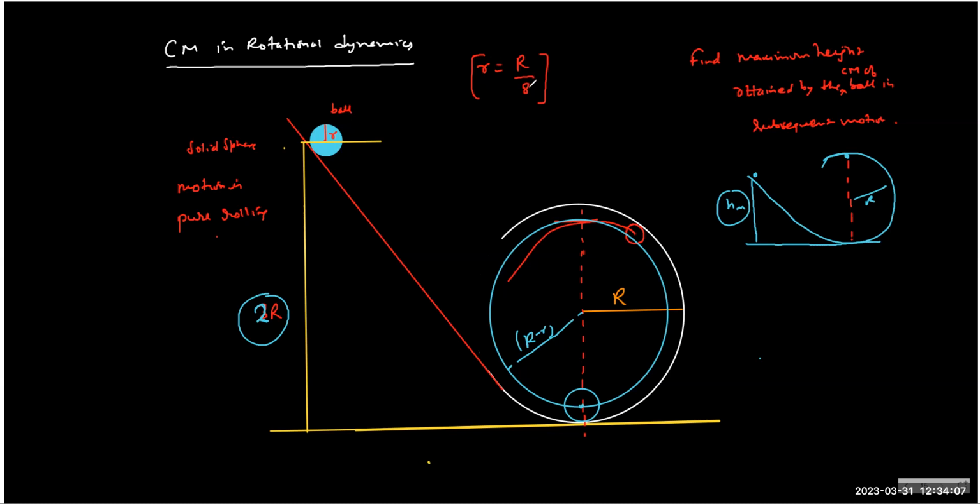It is pure rolling, no? So if it is doing pure rolling everywhere, then both energies will decrease. As V will decrease, omega will also decrease.